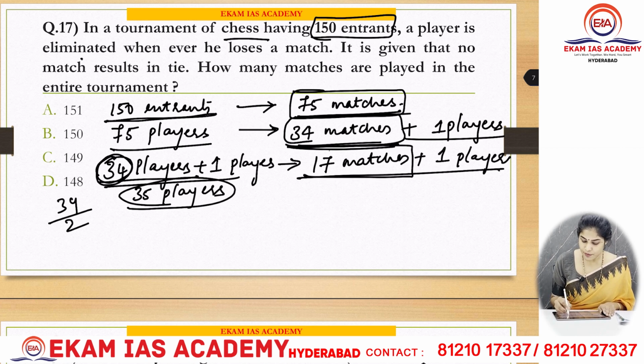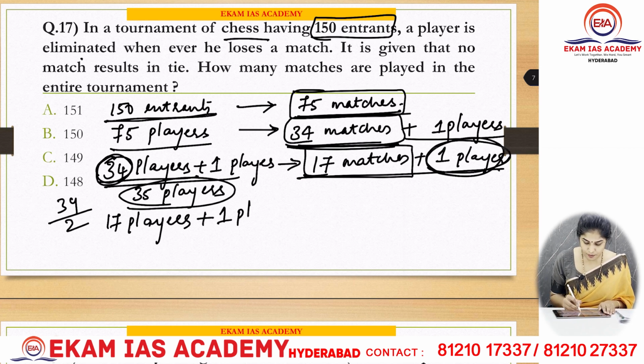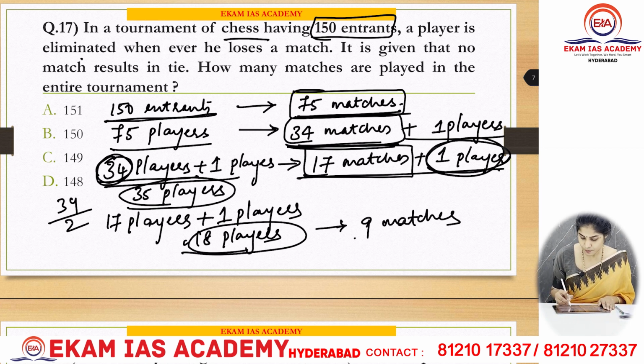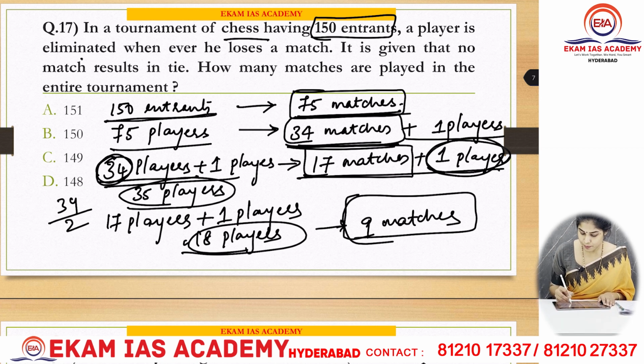So from these 17 matches, from each match, one of the players is eliminated. So 17 players would be remaining, plus 1 player, which amounts to 18 players in total. These 18 players will play 9 matches, right? From these 9 matches, 9 would be eliminated and 9 players would be remaining.